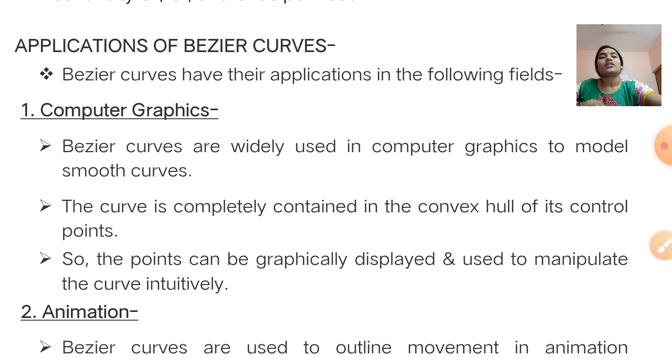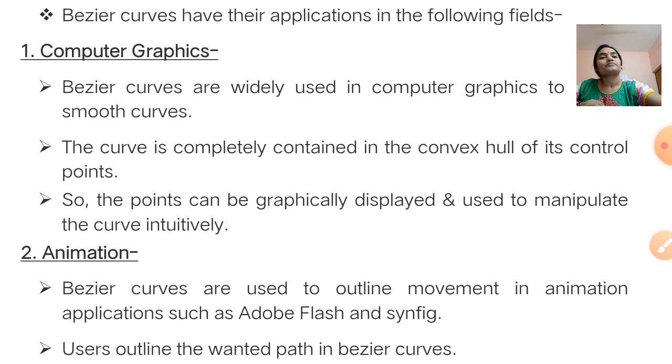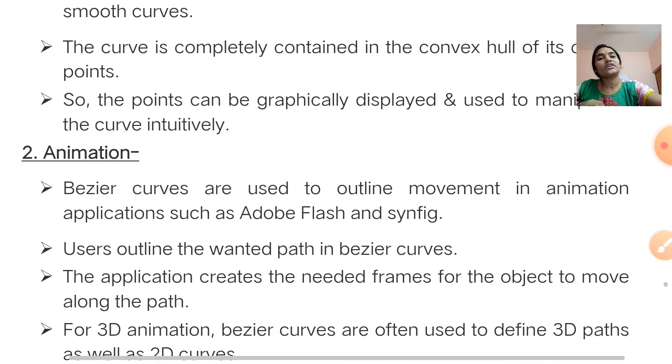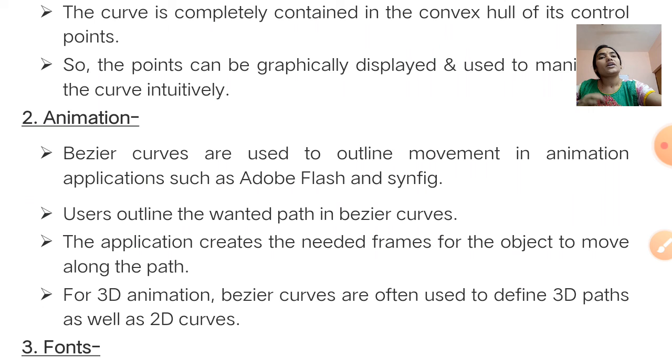Now, how are Bezier curves used in animation? Bezier curves are used to outline movement in animation applications such as Adobe Flash and Synfig. Users outline the wanted path with Bezier curves.